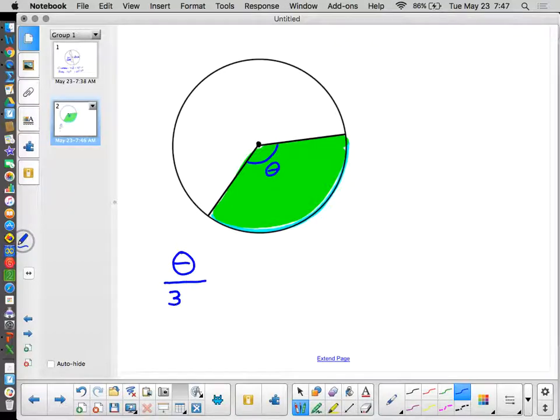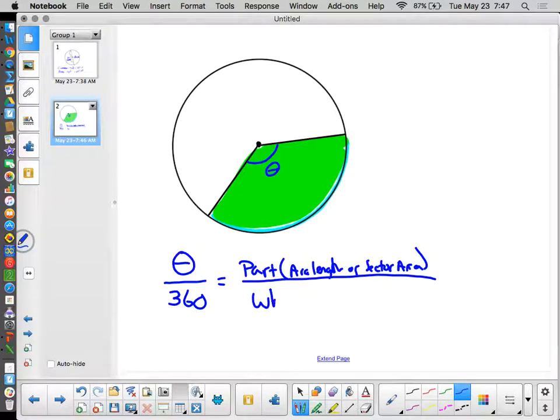It's theta over 360 equals the part, which could be the arc length or sector area, over the whole circle. And if it's arc length, that goes with circumference, or sector area, that goes with the area of the circle. So circumference is pi times diameter. We'll just do it that way, okay?